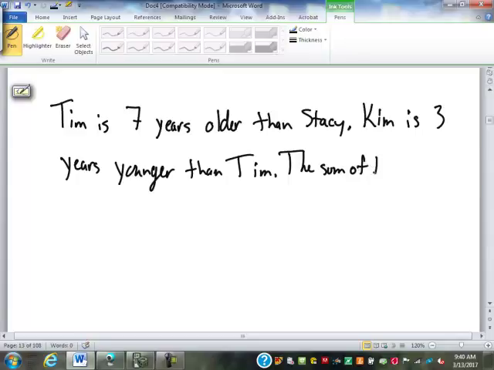The sum of their ages is 53. Find the age of each. I'll give you a couple minutes to do that in your notes.